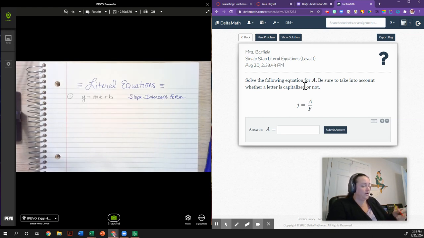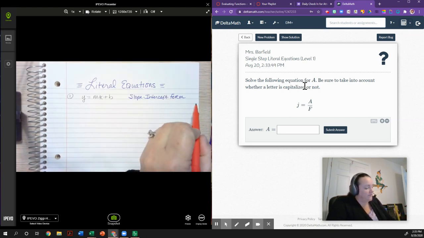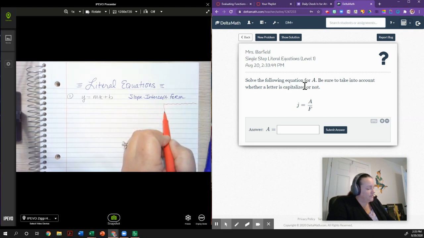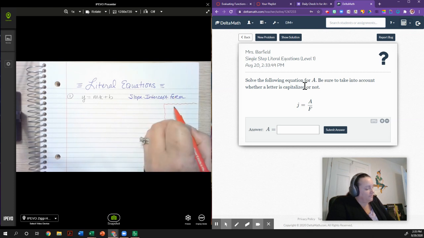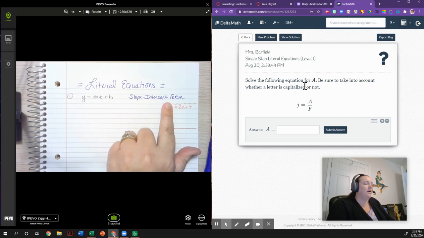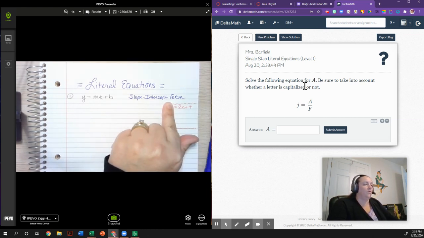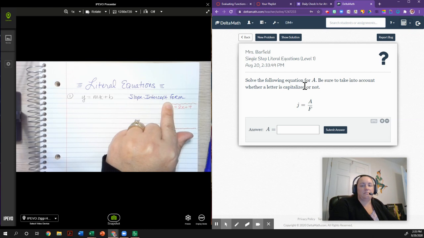So if I were to go over here, and you do not have to write this down, but this is for somebody who's just maybe struggling. So if the problem had been y equals 2x plus 4, and don't even worry about the y, what would I do to get x by itself? What would be my first step in equation solving that would get x by itself?